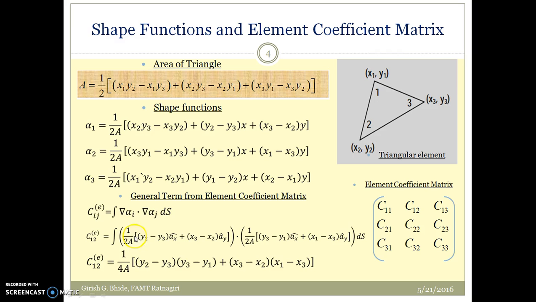So the gradient of alpha 1 comes out to be y2 minus y3 x cap plus x3 minus x2 y cap dotted with 1 upon 2A, y3 minus y1 x cap plus x1 minus x3 y cap. Finally, we arrive at the formula C12 of E as 1 upon 4A, y2 minus y3 into y3 minus y1 plus x3 minus x2 into x1 minus x3.